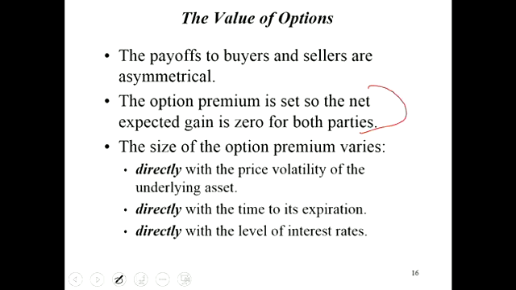So the value of the option obviously depends on where the price of the asset is relative to the strike price at the time that you enter into the contract. But basically, the longer the time to maturity or time to expiry, it's going to be worth more. The higher the volatility of the asset makes the option worth more. And also, as the interest rates rise, then it's worth more.